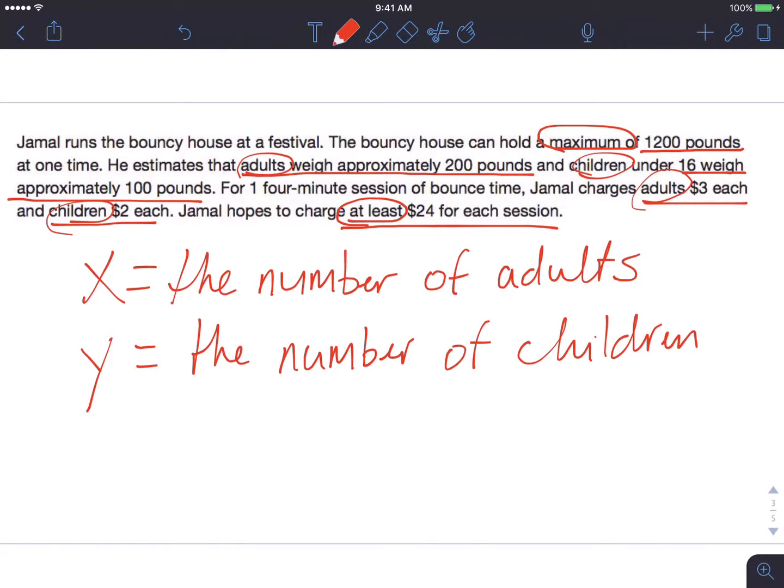So for that reason, I picked x as the number of adults, y as the number of children. In theory, yes, you can do it the other way, but you have to specify what x and y are. Because if not, someone might put y equals the number of adults. You know what I mean? So you have to be specific right here on what is what. This is an important part of the problem. You have to clarify that. If not, no one's going to know.